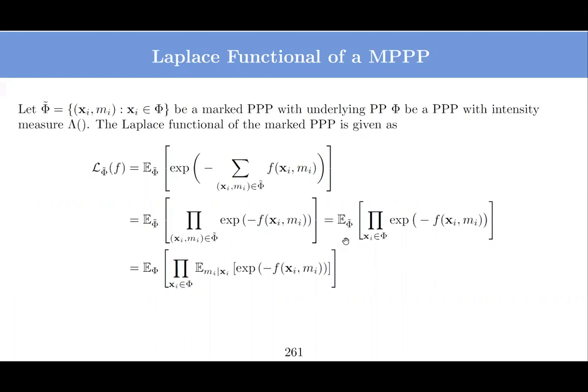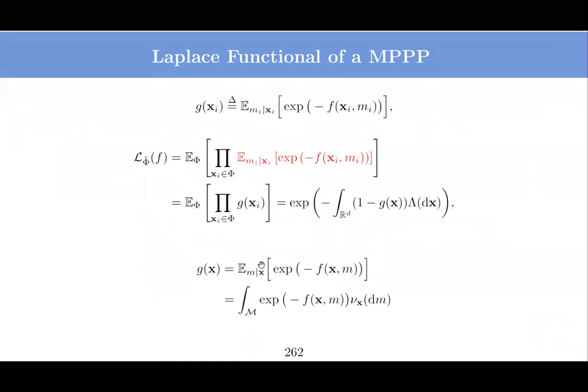Now note that phi tilde has two randomness: one is phi, and the other is the m_i's given x_i. So I break this expression in two parts: the expectation with respect to phi, and the expectation with respect to m_i, which goes inside the product because the rest does not depend on m_i if I know all the points of phi. So now this is the expectation with respect to m_i given x_i of this term, conditioned on x_i.